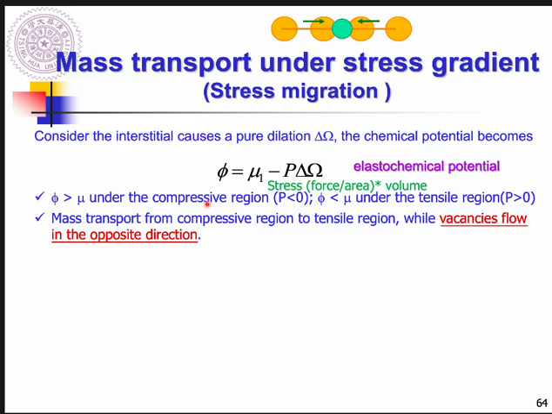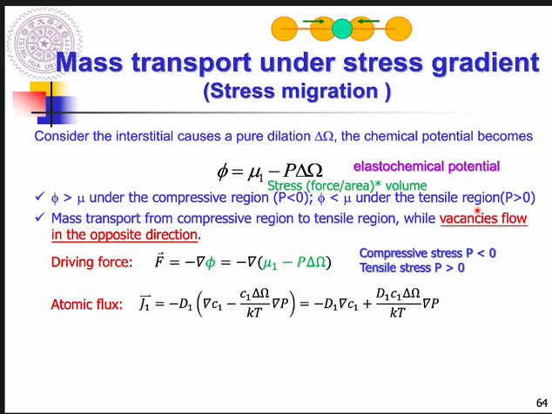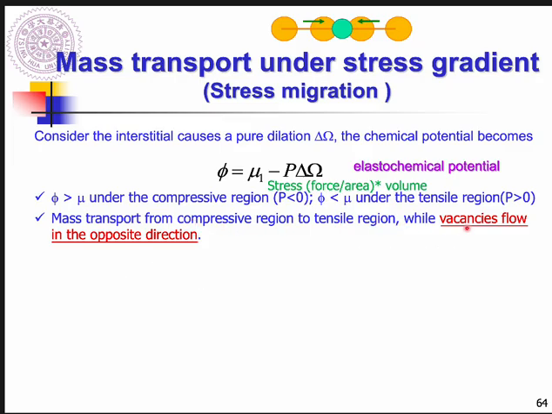As we learned before, this explains why the atoms move from the compressive region toward the tensile region, because in the compressive region the atoms have higher potential. But if you switch to the vacancy point of view, vacancies will flow in the opposite direction, from tensile to compressive.